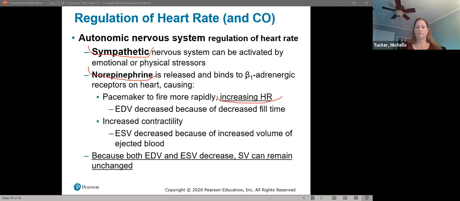Stroke volume can remain unchanged with this change in heart rate. That would still affect cardiac output because cardiac output is heart rate times stroke volume. So if stroke volume is staying the same, the increase in heart rate will increase cardiac output.